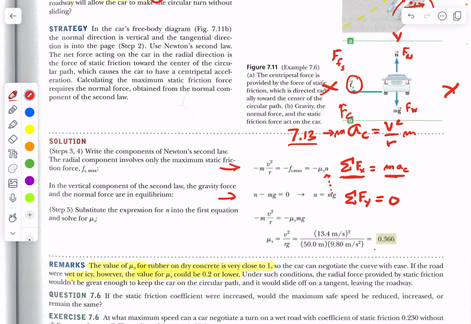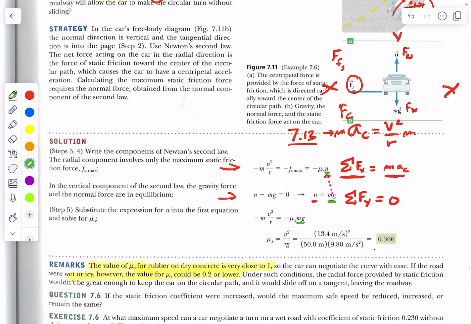Theta equals 0. And so the summation of my forces in the y direction equals 0. So we say that the normal force equals the weight. So we can substitute mg in for the normal force, and therefore that mg shows up down here.